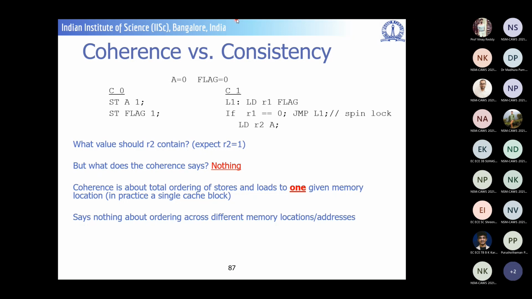So it might so happen that coherence doesn't forbid you from reading the value 0 here.